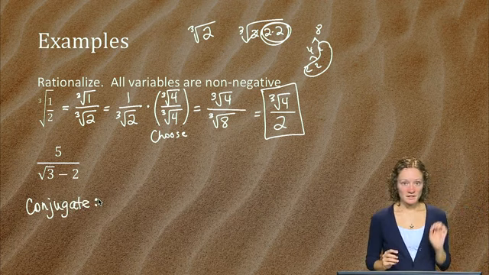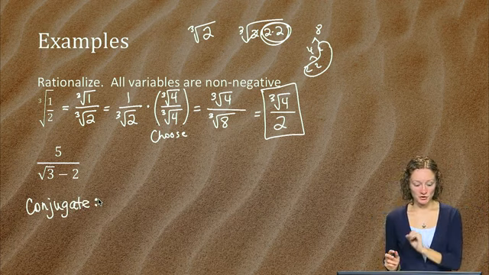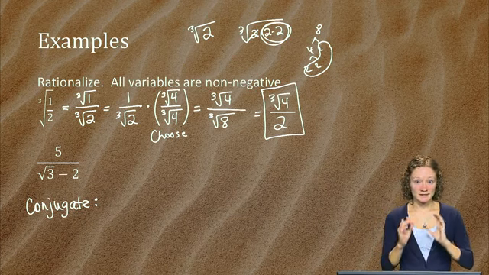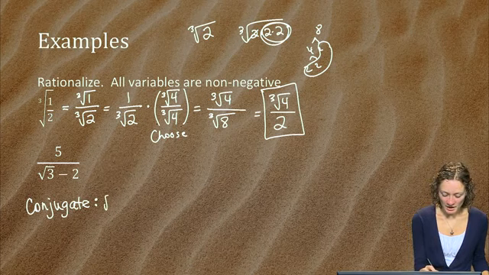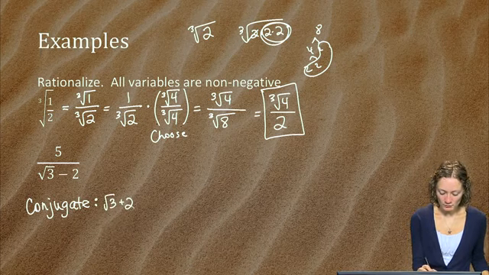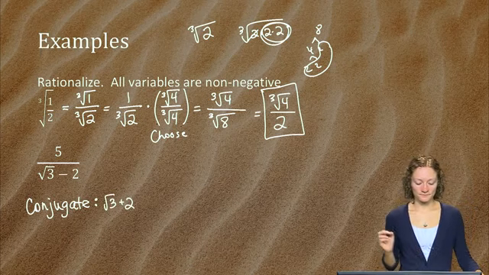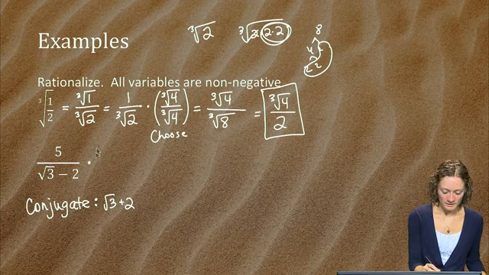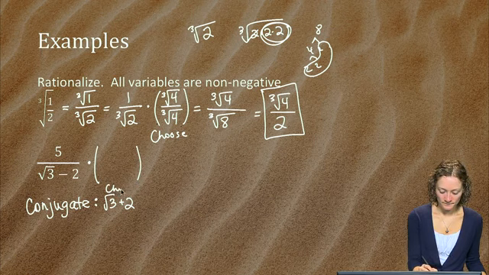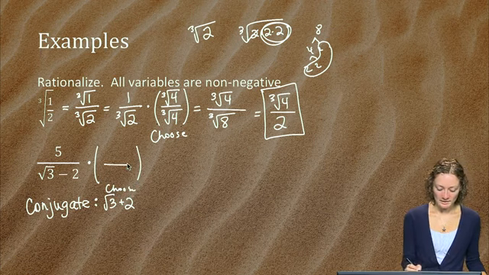Our denominator is square root of 3 minus 2. And the conjugate is that exact thing with the opposite sign in the middle. So the conjugate would be root 3 plus 2. So this is the thing that we choose to multiply in top and bottom.